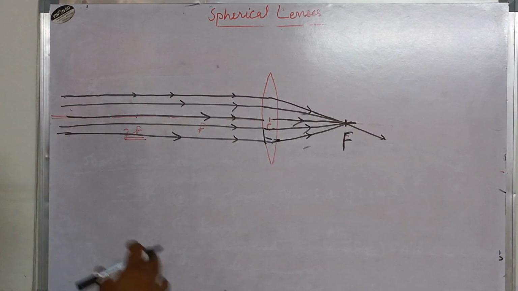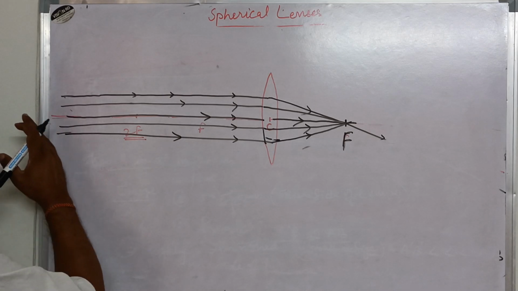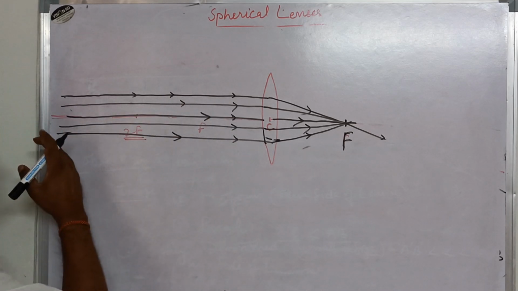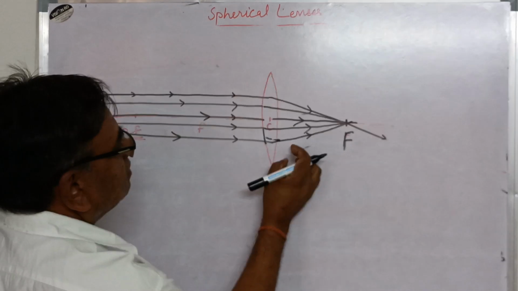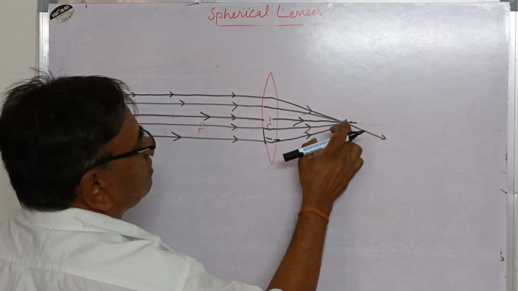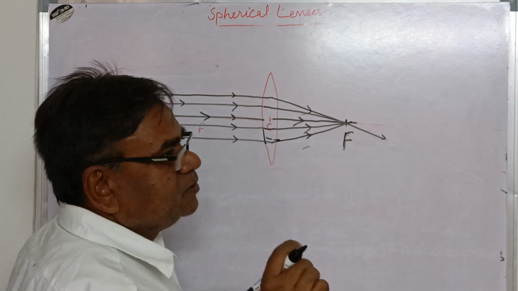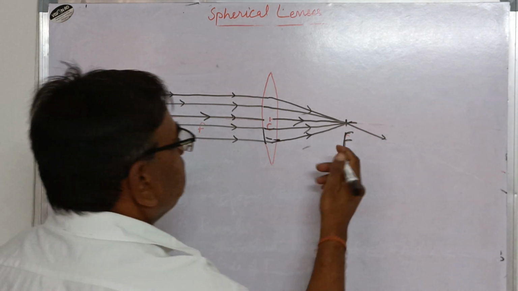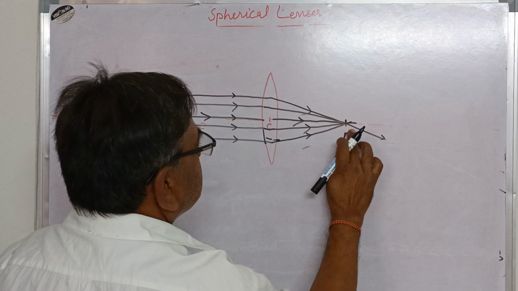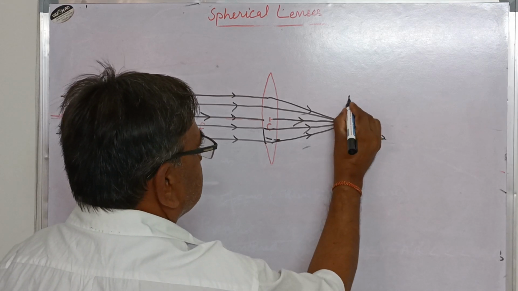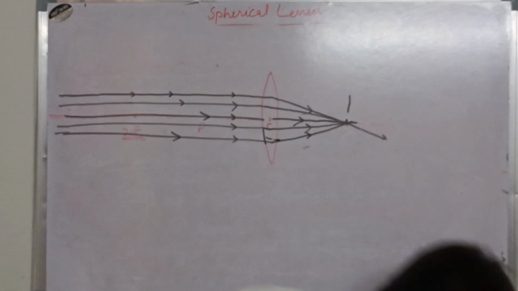You see that the parallel light rays are reaching here and converging to a pinpoint. So what will happen if we put a paper here at this point?